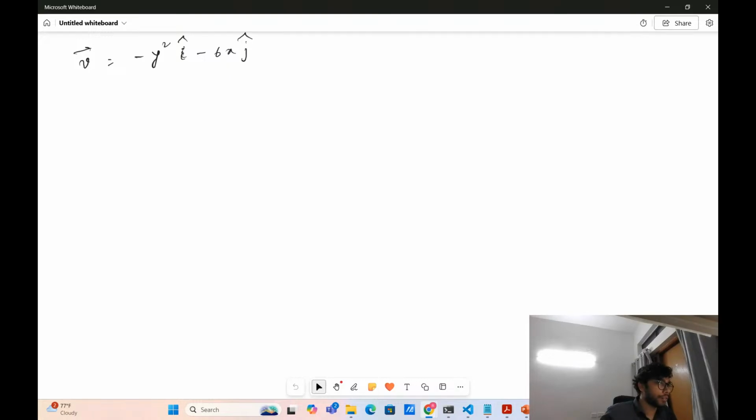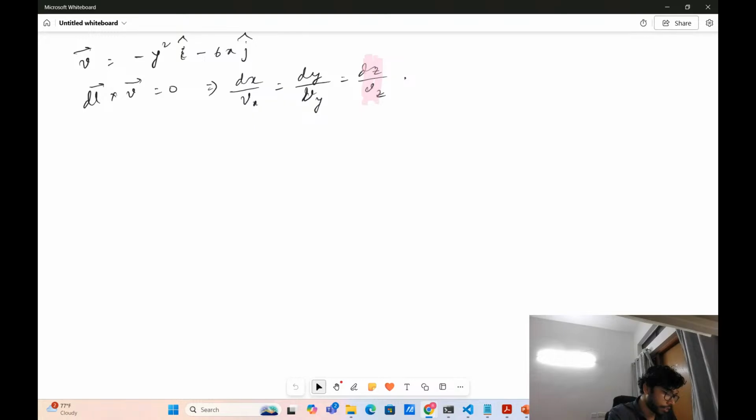Now, how do you calculate the streamline? The equation of a streamline is dL cross V equals 0. This can be reduced to a simple form: dx by Vx equals dy by Vy equals dz by Vz. Here it's only a 2D flow, so we don't need the dz by Vz term.